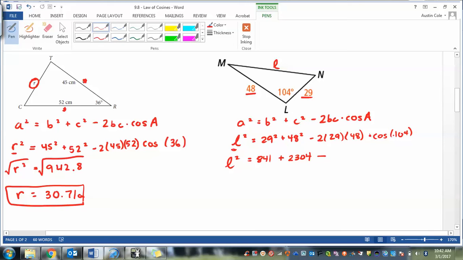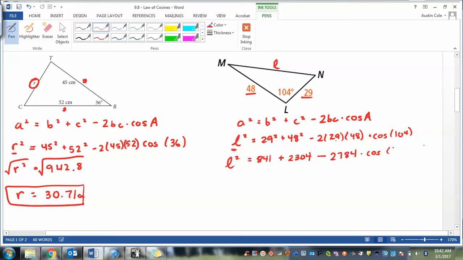There's multiplication between everything here, isn't there? Between the 2, 29, 48, and cosine 104. And actually, no, I'm going to back up. I lied. I want to say it this way. Take negative 2 times 29 times 48, which is 2,784, times cosine of 104.